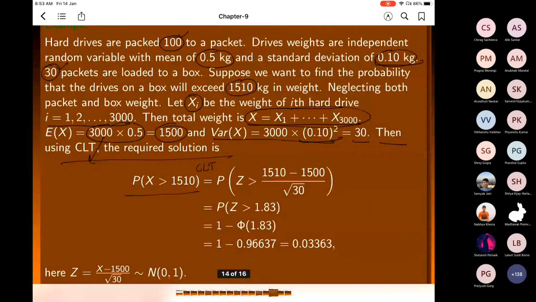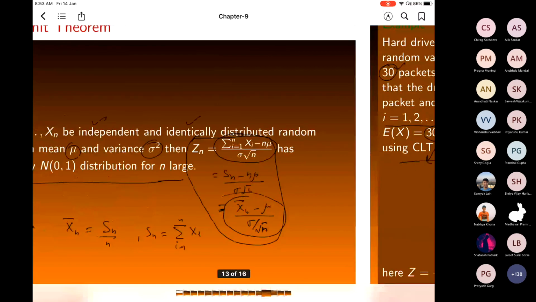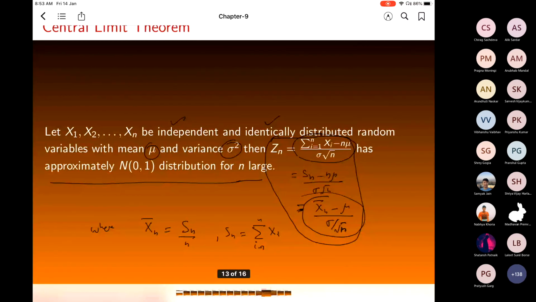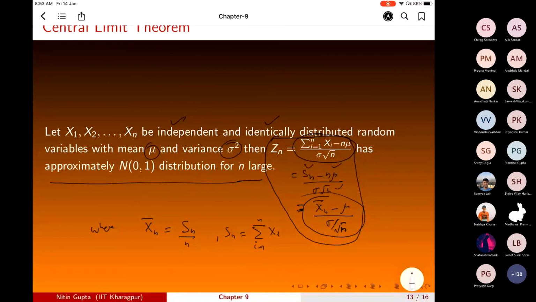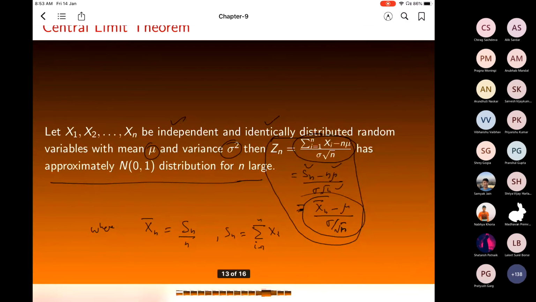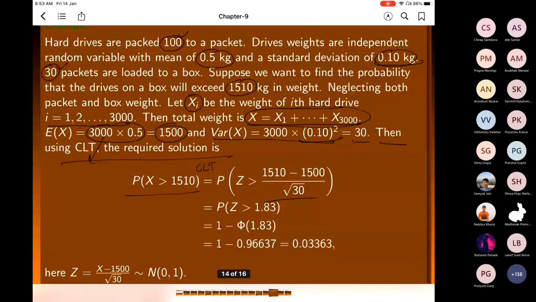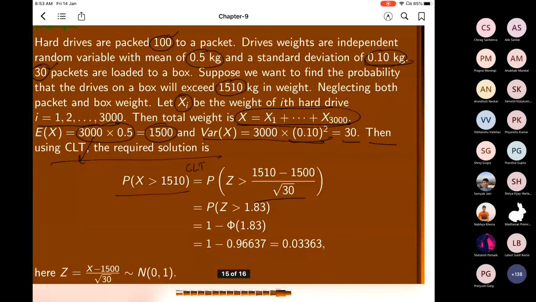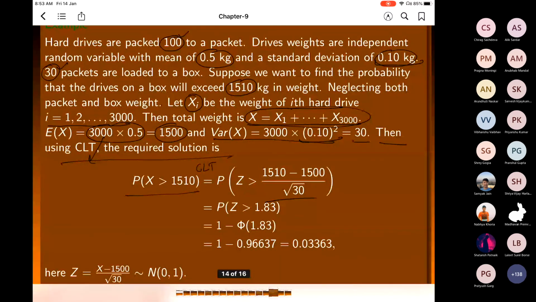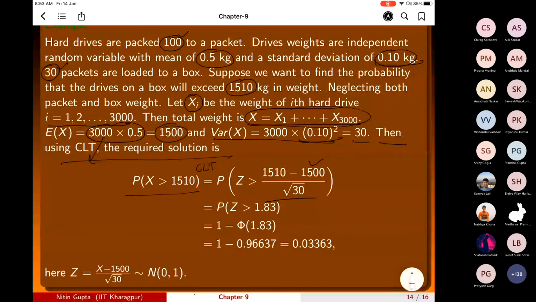So here in this case we are writing Sn minus n mu by sigma root n. Sn is this value, and n mu means the expected value of X, and under root of the variance, under root of 30.